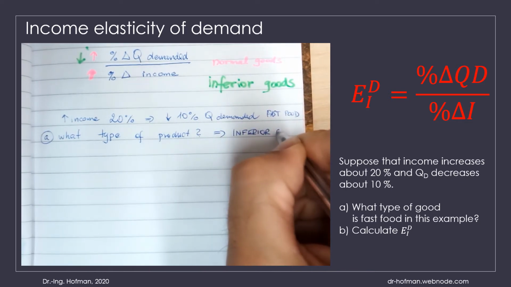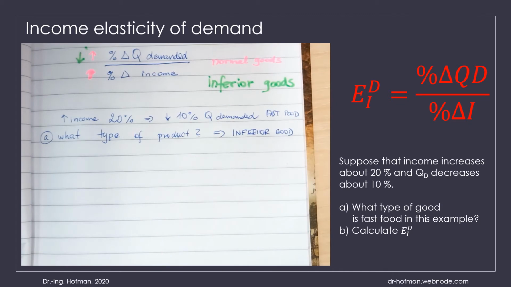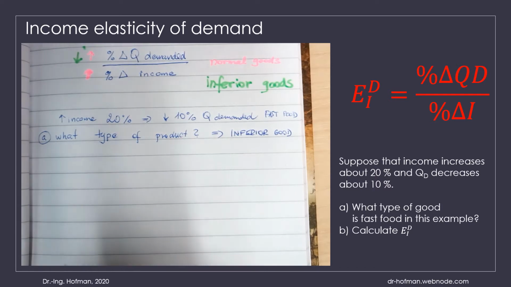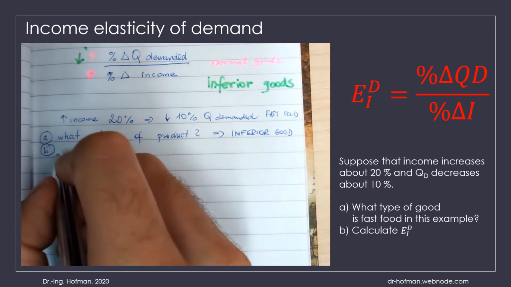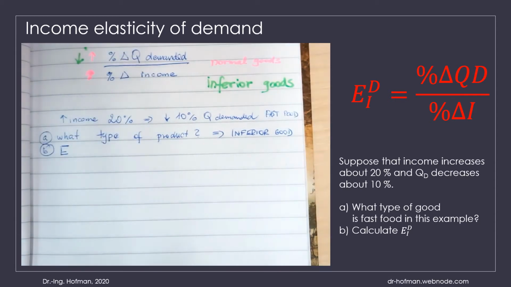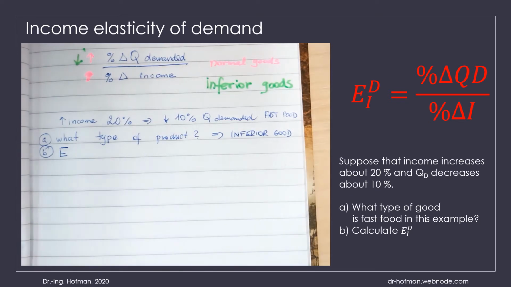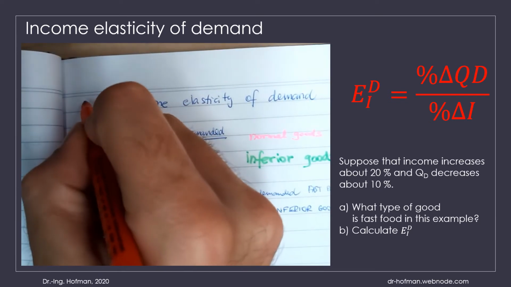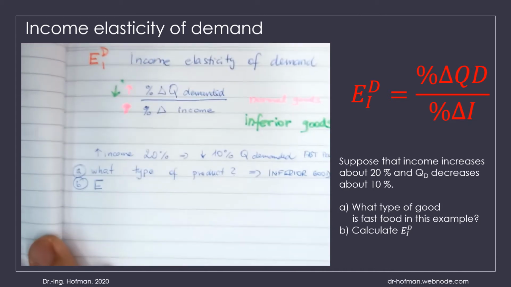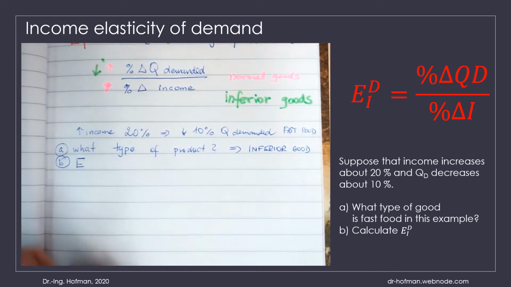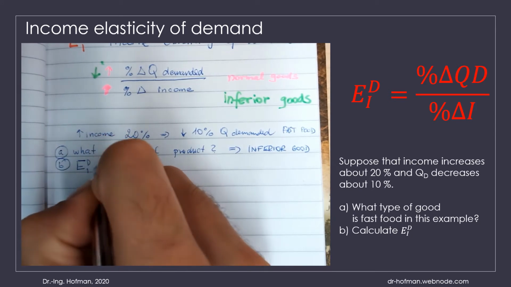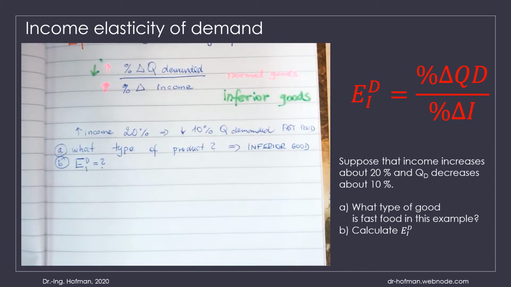Let's do another example. Suppose we knew that when people's income increased by 20%, the quantity demanded of fast food decreased by 10%. And what is the elasticity? The income elasticity of demand is our second question. How to calculate this?